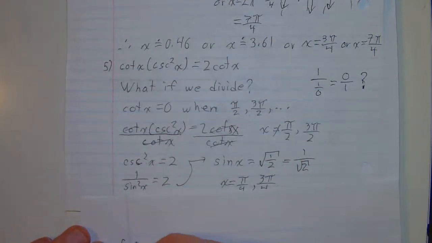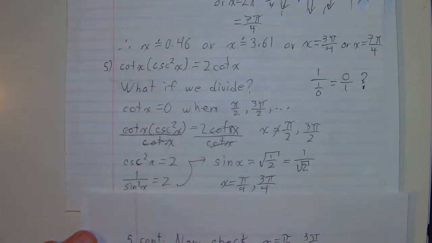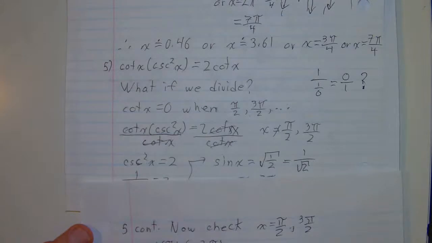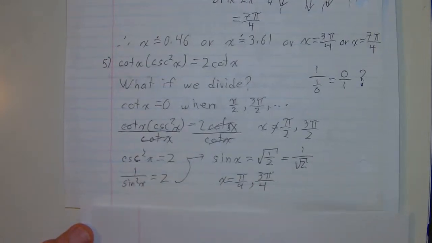So, 5 continued. Now check x equals pi by 2, 3 pi by 2. If we sub them in, cotangent pi by 2 times cosecant squared pi by 2, that's going to be 0 times, well, cosecant is 1 over sine.